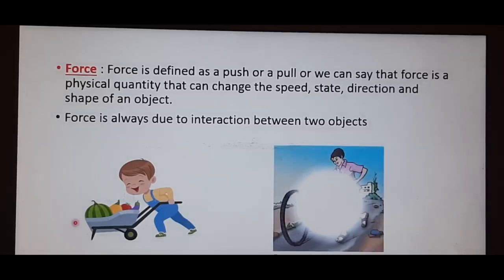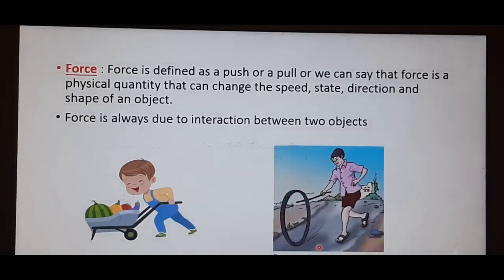Let's see one more example. Here this boy is pushing this tire with the help of this stick. Now you can see this stick is touching this tire, which means this stick and the tire are both interacting with each other, and due to this interaction only this tire is able to move.